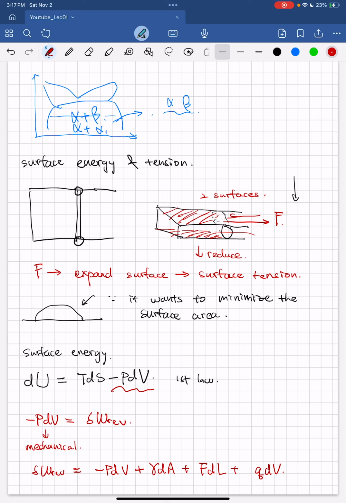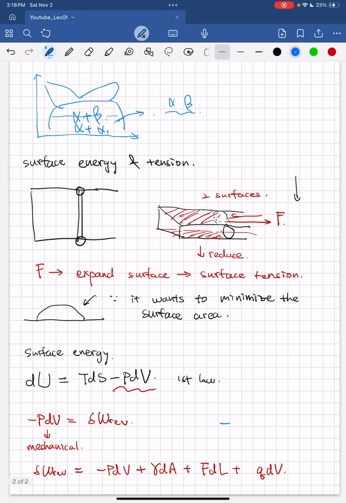And we are only going to talk, so you can choose different models based on your need, based on the problem. When you're dealing with electrochemistry, then you can choose this. When you're dealing with surface energy, like in this case, we can choose this.